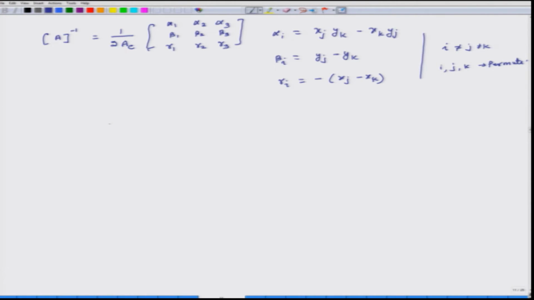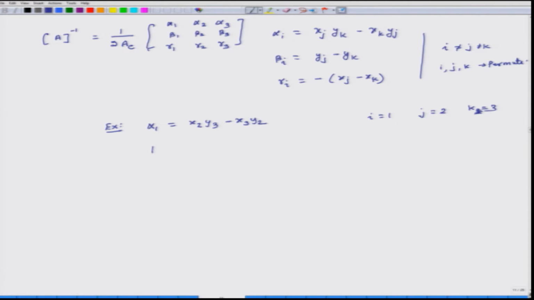What does that mean? Example, if I have to calculate alpha 1, then i is equal to 1, j is equal to 2, and k is equal to 3. It is not a summation. So, then alpha 1 equals x2 y3 minus x3 y2.